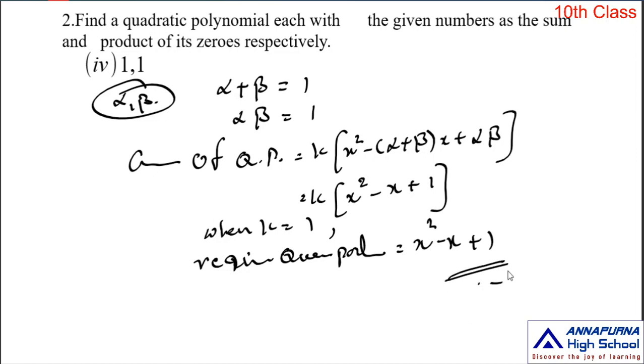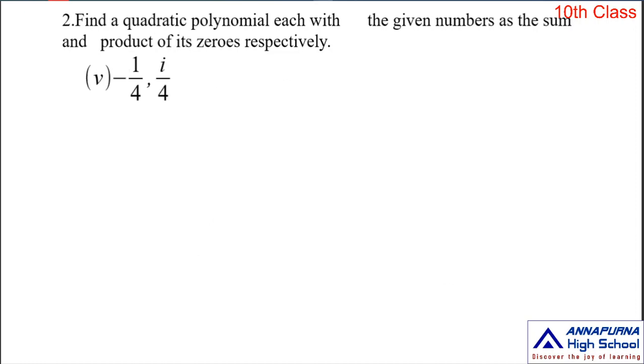So this is the required quadratic polynomial. Over. Okay, so in the same way, let us try to complete fifth and sixth one. Do your own, they are very easy. Here the fifth pair is minus 1 by 4 and 1 by 4. That means alpha plus beta is equal to minus 1 by 4 and alpha into beta is equal to 1 by 4.